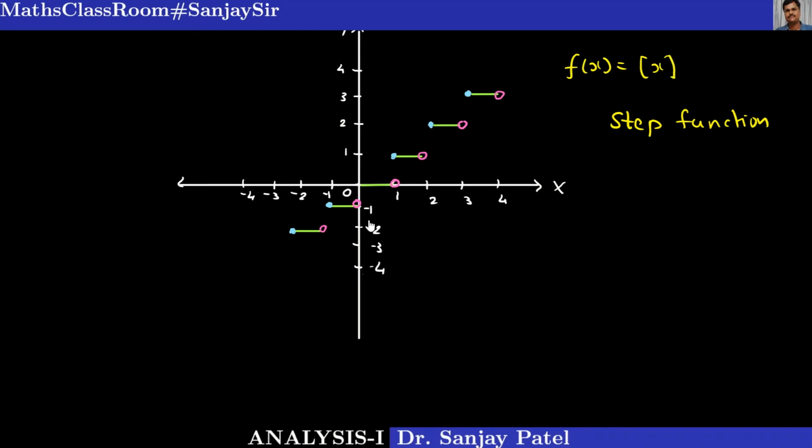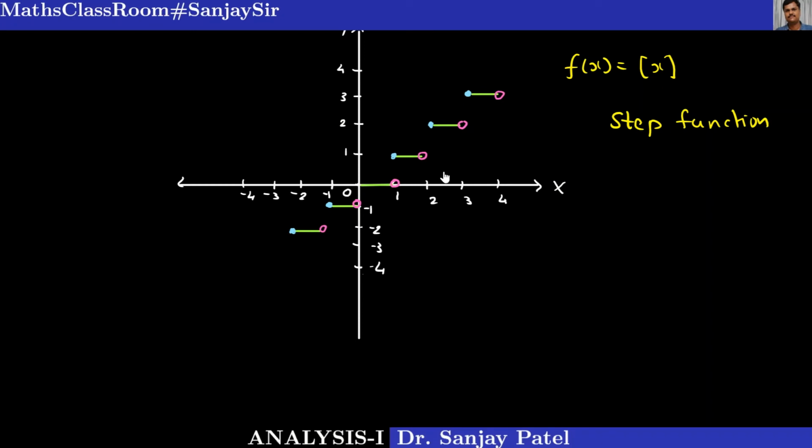And from the graph immediately you can identify that the function has a break at every integer. So from 0 to 1 it's a line segment, and then from 1 we have to take a jump and reach this other part of the graph. Again we have a continuous part. Again we have to take a jump to get the next part. So function is taking a jump at every integer. So function is not continuous at all integers.